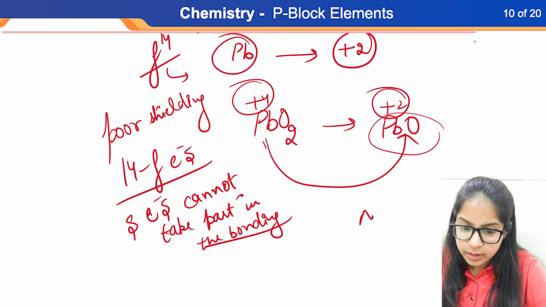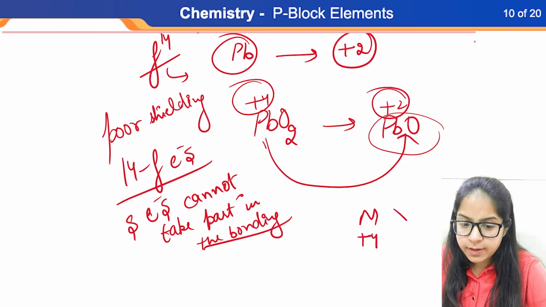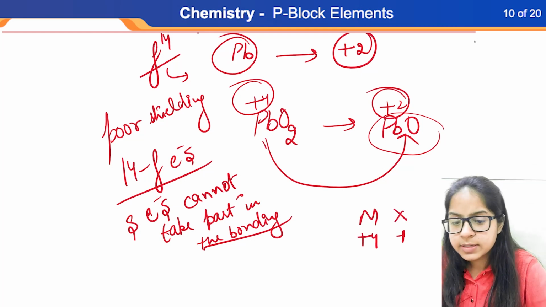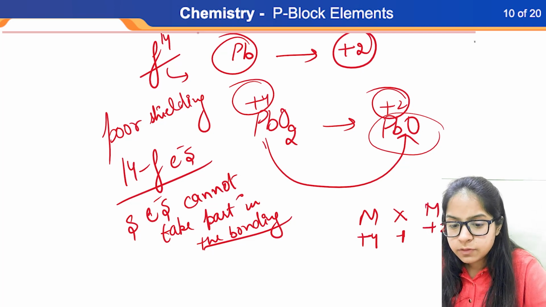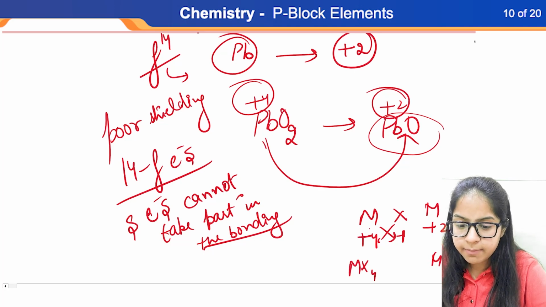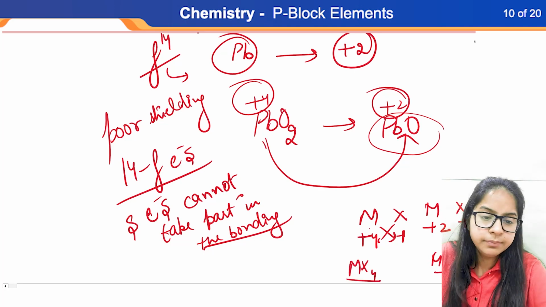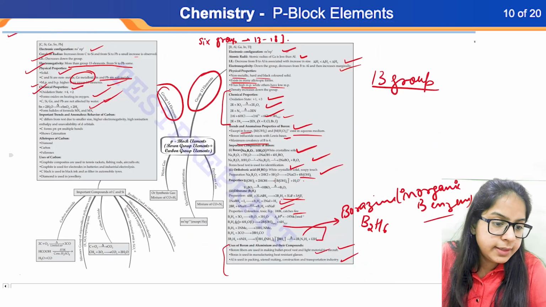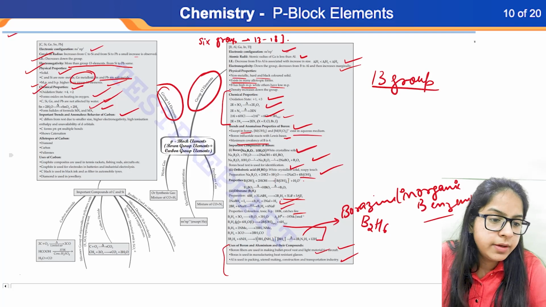In halides, M can have a +4 value and X a -1, or M can have a +2 value and X a -1: MX4, MX2.